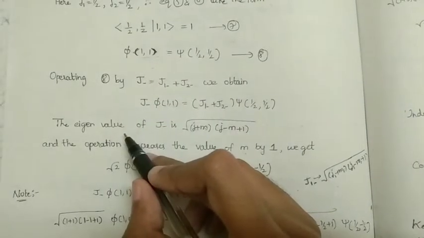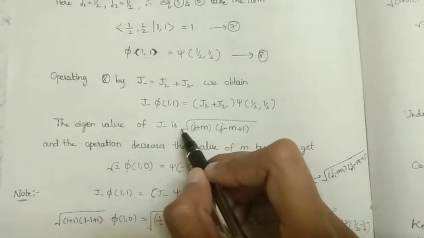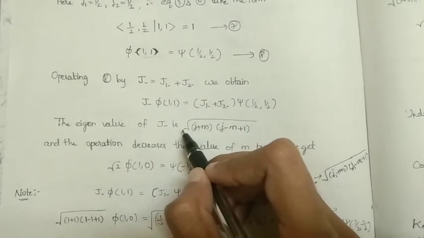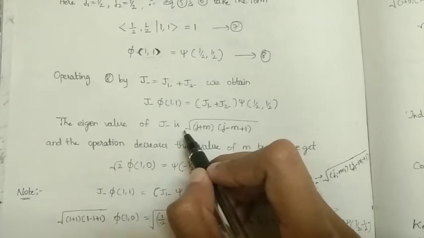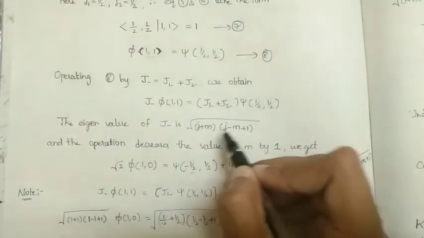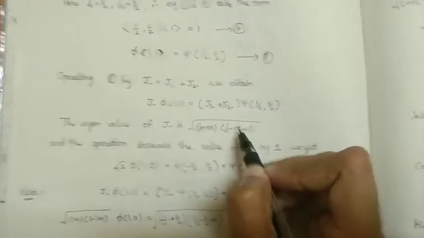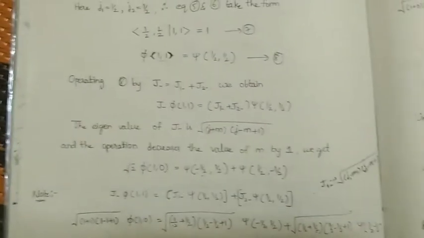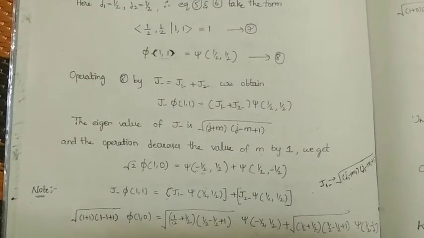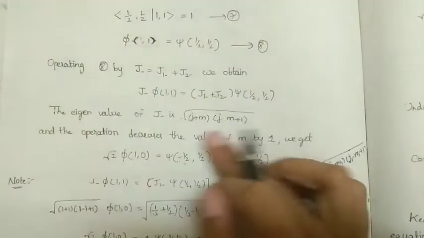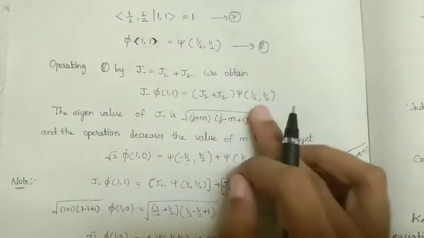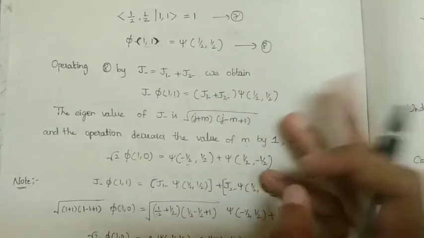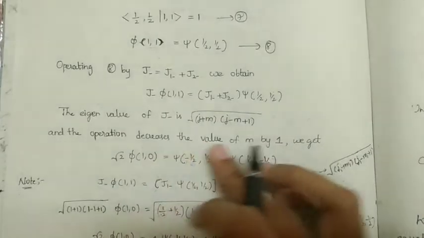The formula for the eigenvalue of j minus is the square root of j plus m into j minus m plus 1, just like we have the eigenvalue of jz as m h cut. This is the eigenvalue of j minus, and h cut we have already taken as 1, and the operation decreases the value of m by 1.